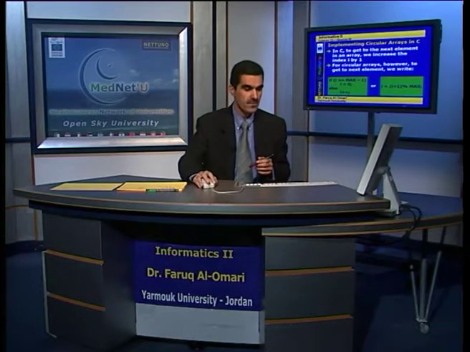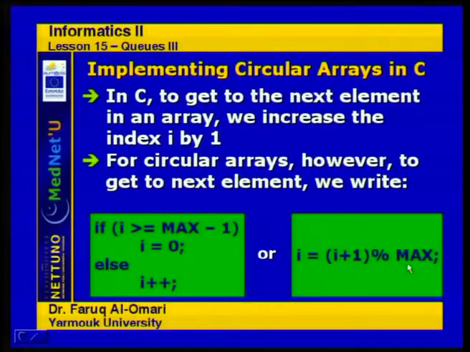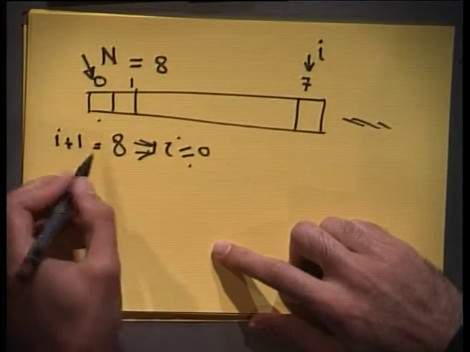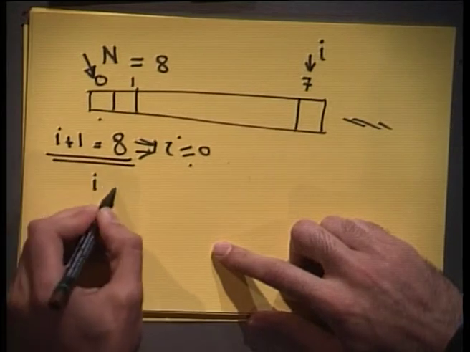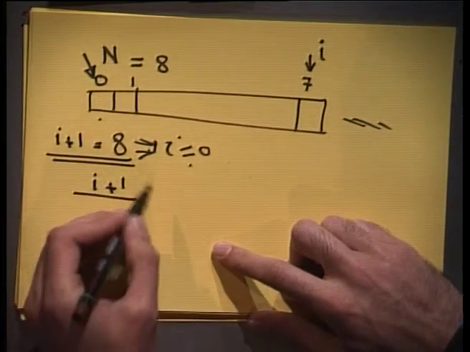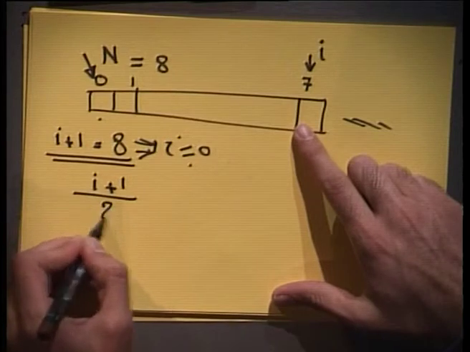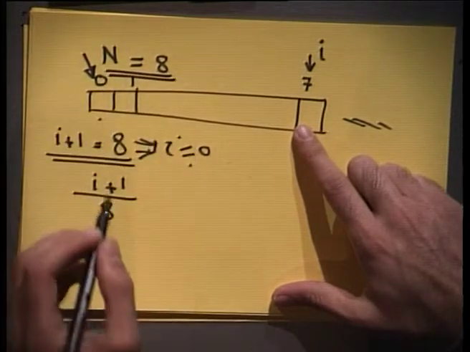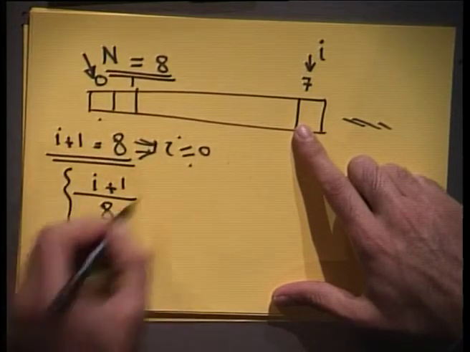Or I would say something like modulo max. And the max that I have is actually the 8. So I'm going to take this I plus 1, divide it by the max, which is 8 in our case, n. Okay, and I'm going to take the remainder.